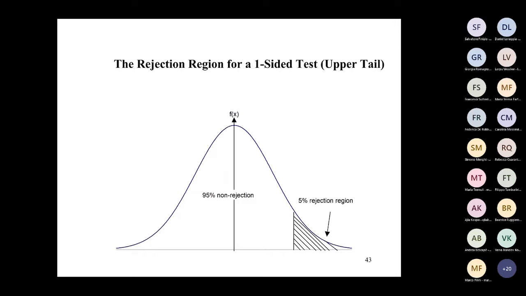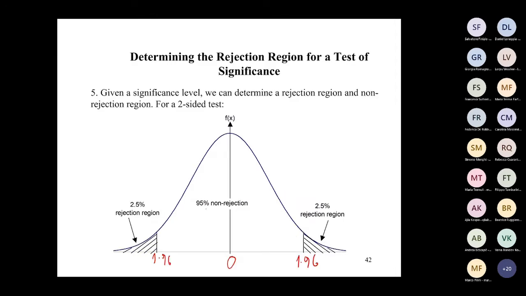This is the case for the normal distribution, and these are the two tails.